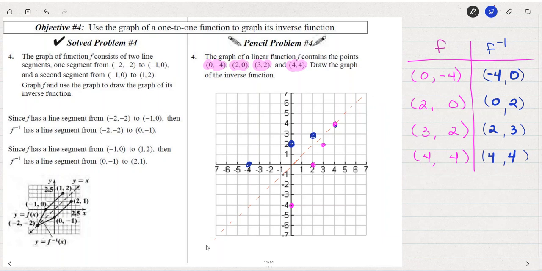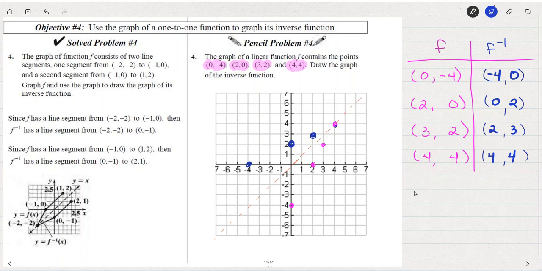If you were to pick up your device and tilt it so that this dotted line was vertical, going up and down, you could see that we've got a mirror image on both sides, right? This is how we tell that a function is an inverse by its graph.